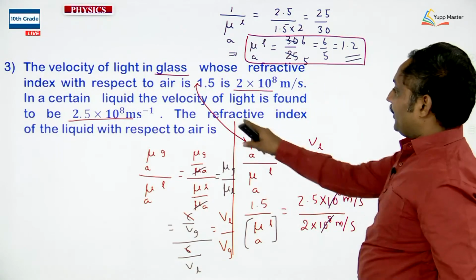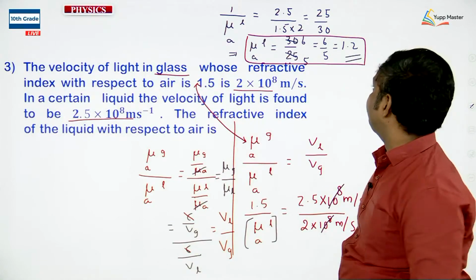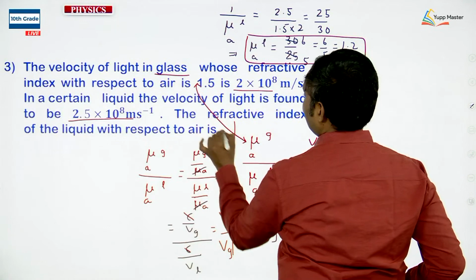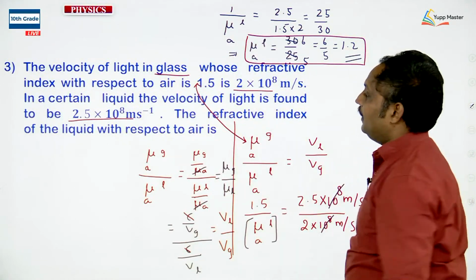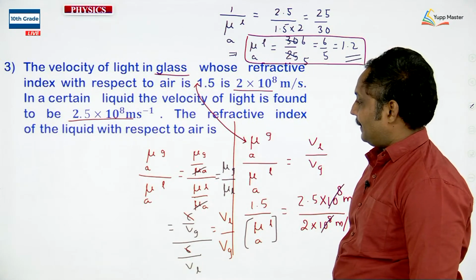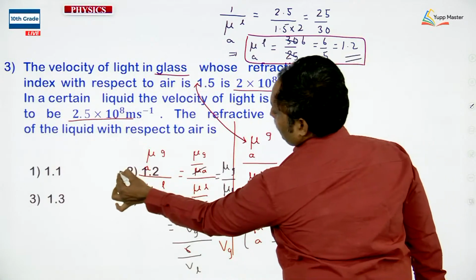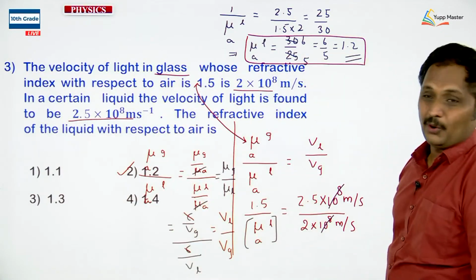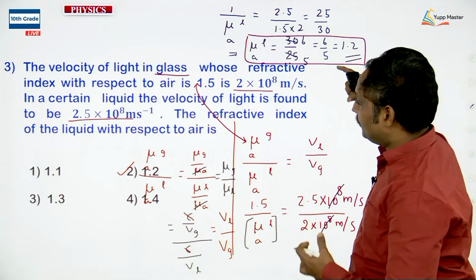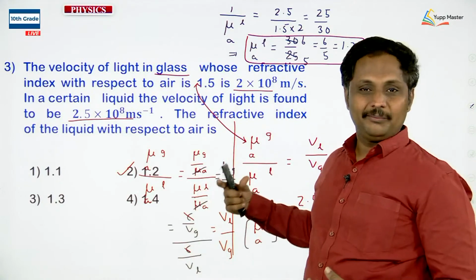That is the refractive index of the liquid with respect to air, that is mu L. Yes. What we have obtained as the answer, let us see. Yeah, this is that 1.2. The second option is the correct one, 1.2. Very clear. If you observe, we have approached the solution method step by step.